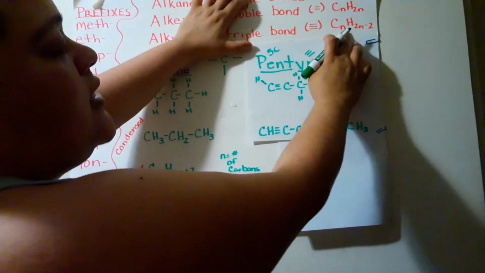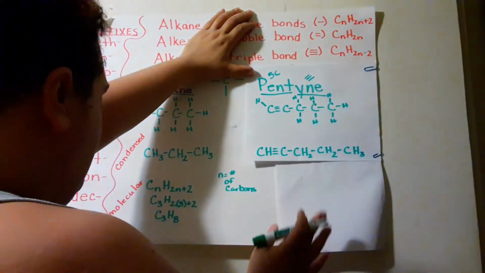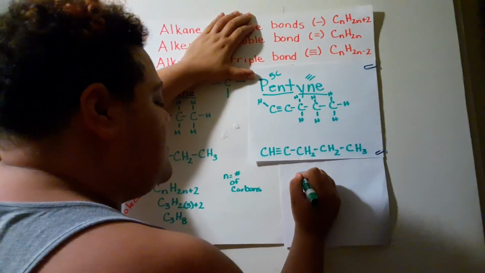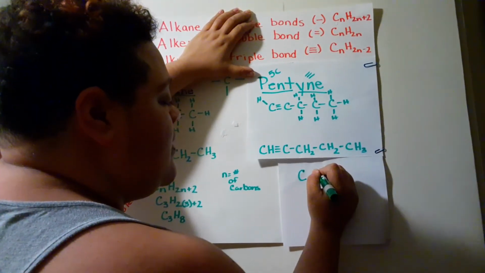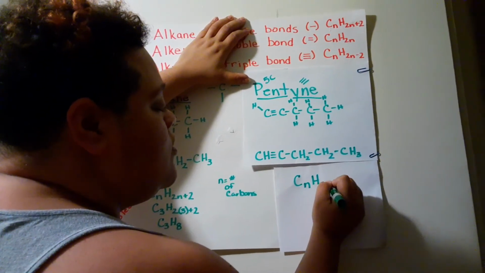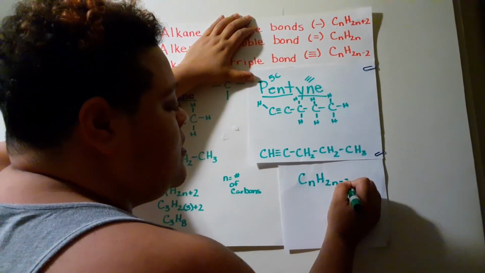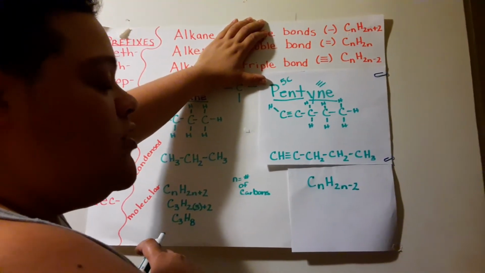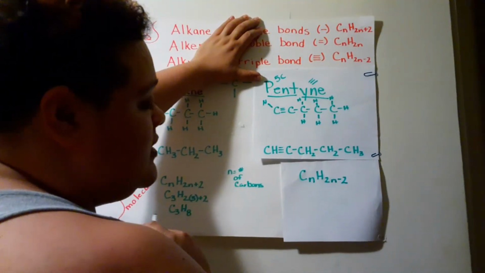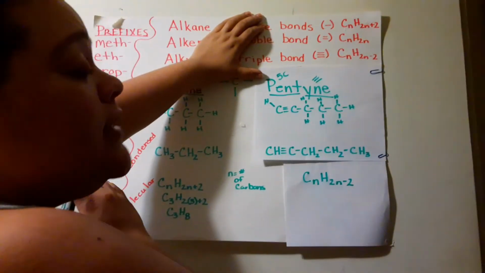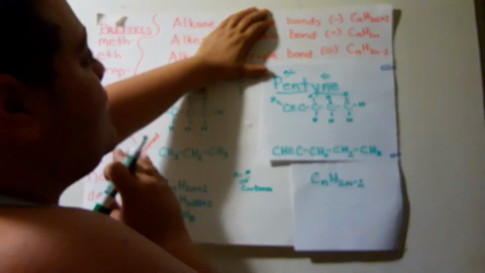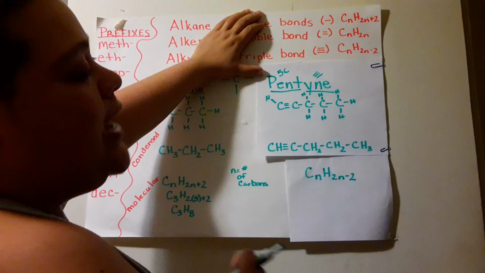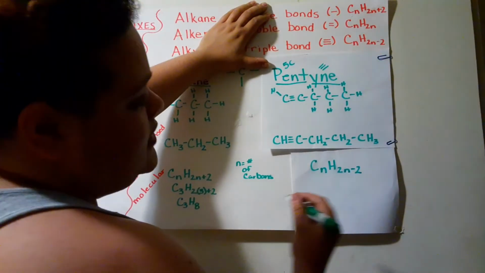Now we're going to need to use our formula for the molecular section of the problem, which is going to be CnH2n minus 2. Because of your double and triple bonds, quite often you're not going to have as many hydrogens as you would on your alkanes, because those alkenes and alkynes are unsaturated, meaning that there are not as many hydrogens as absolutely possible.